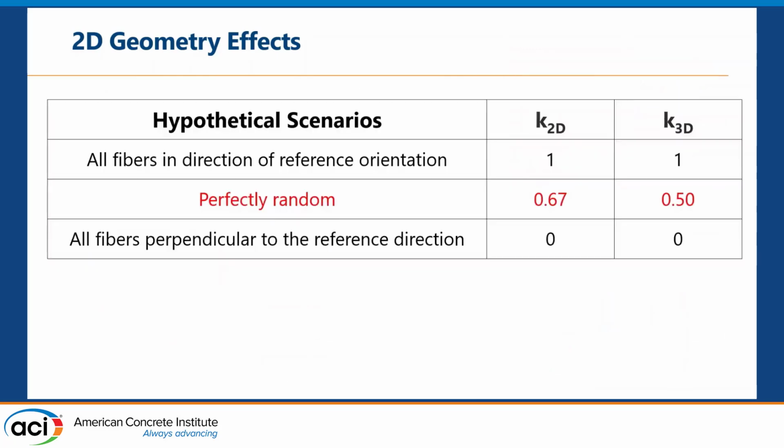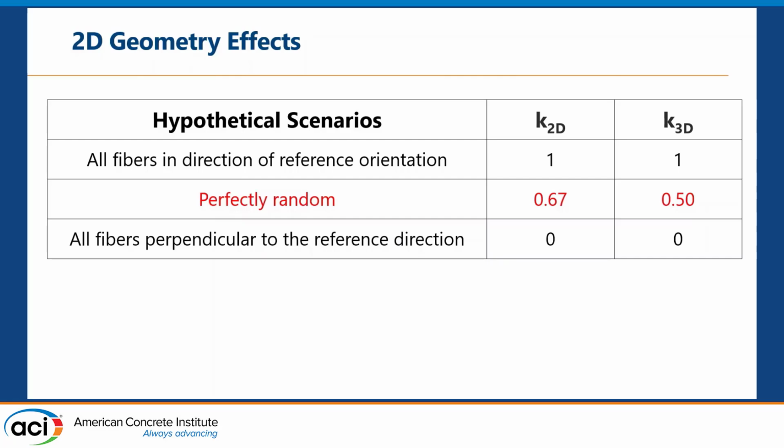axial fiber alignment factor K. So we compare the K value here between 2D and 3D for 3 hypothetical scenarios that we can calculate the value of K theoretically. The first one is all fibers are aligned in the direction of the reference orientation.